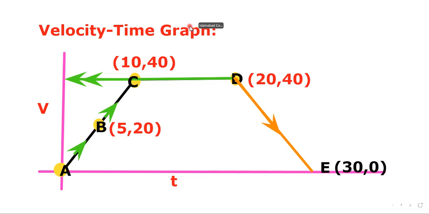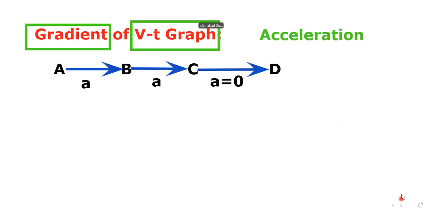Okay, let's compare the values. Time from 20 to 30, there is a change in time, but look at the velocity. It is 40 here and it is 0 here, so there is a decrease in velocity. Decrease in velocity is called deceleration. So it represents the deceleration of the object. So we can say, and deceleration is actually negative acceleration.